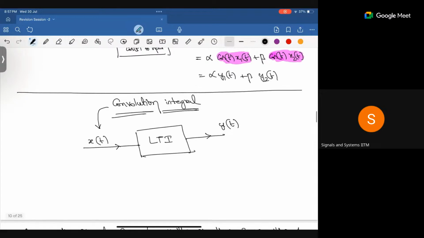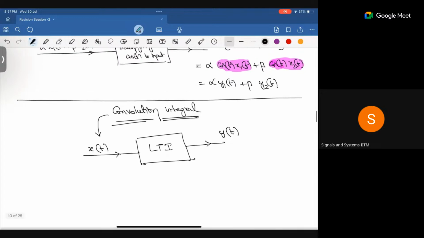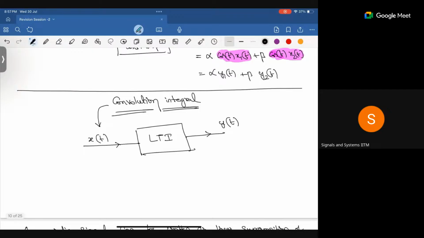Since it is linear and time invariant, I don't want the input output relationship at all. All it requires, along with this linear and time invariance, is the system's impulse response.